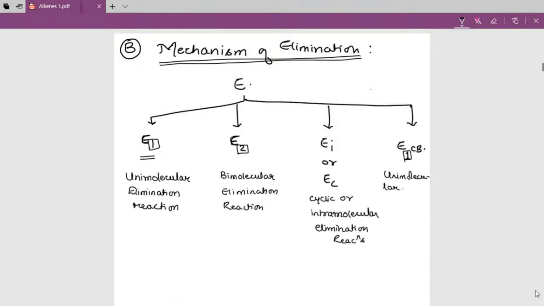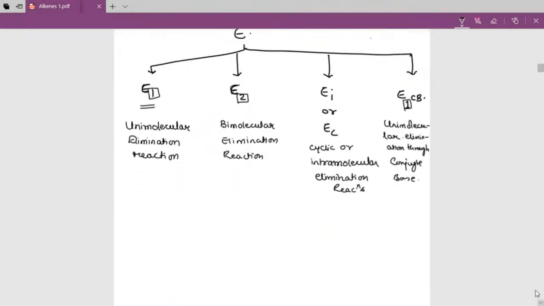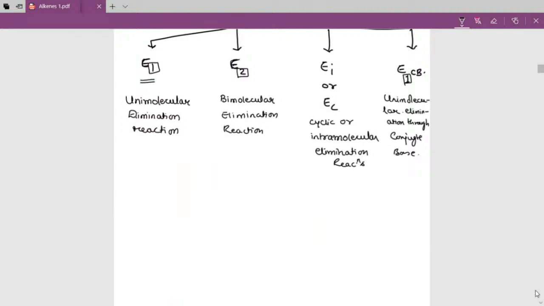Unimolecular elimination through conjugate base. Don't get scared by these big names. They are easy to understand. We will go through it slowly. So just wait. So these are the four methods.